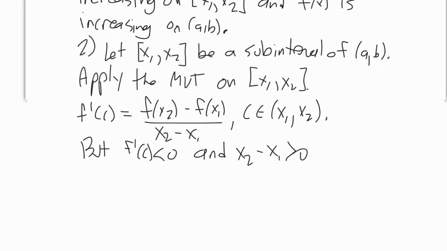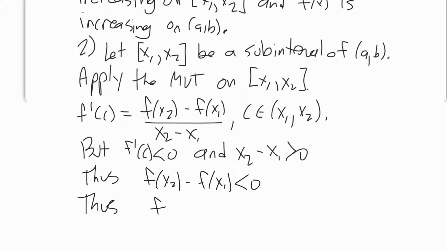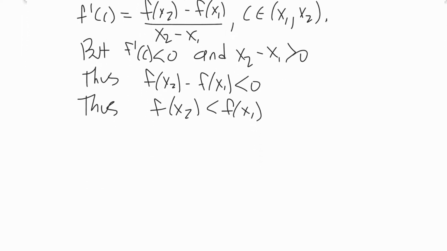So, thus, f of x2 minus f of x1 must be negative. Thus, we could move it over to the other side, and f of x2 is less than f of x1. Well, this means the function is decreasing.